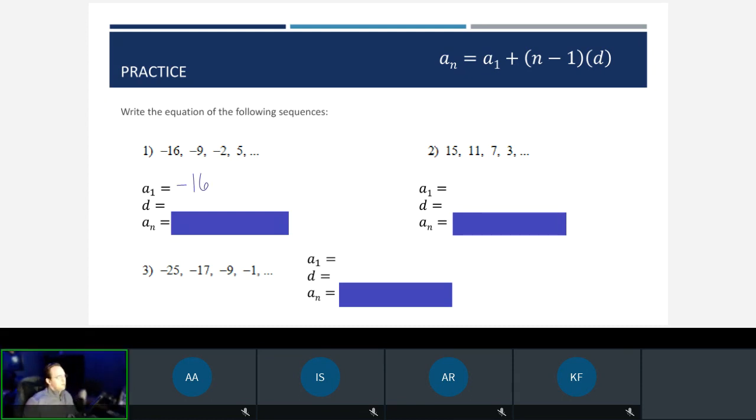Yep. What is the common difference? Some say 5, some say 7. So mathematically, how do we find that?